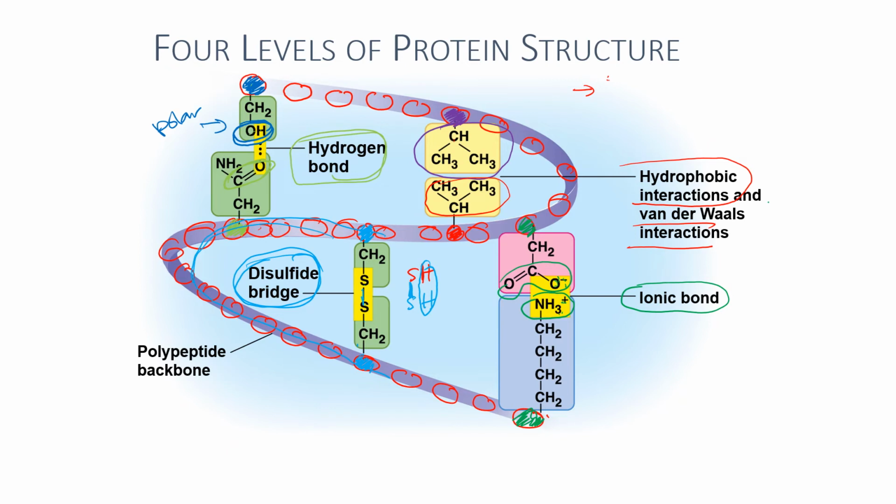So the tertiary structure is basically one polypeptide chain that is folded into a specific shape due to the interaction between the side chains of amino acids along the polypeptide chain: hydrogen bonding, disulfide bridge, hydrophobic interaction, van der Waals interaction, and also ionic bond.